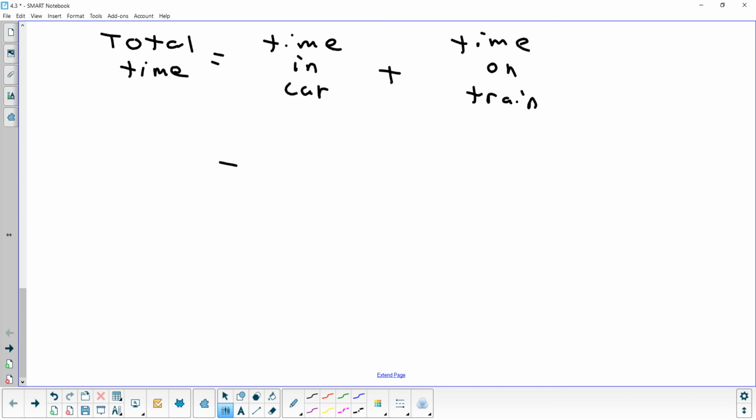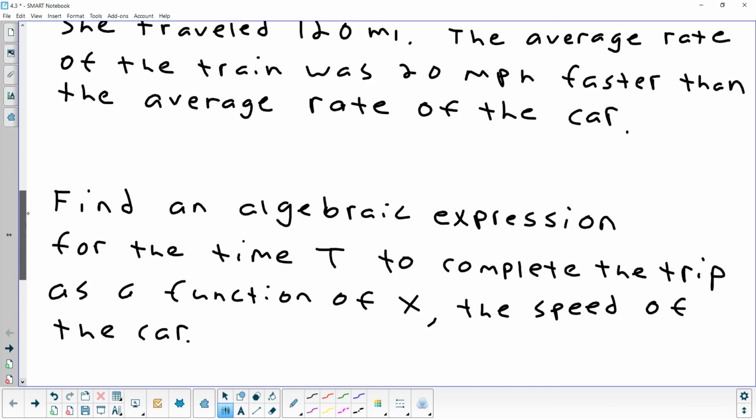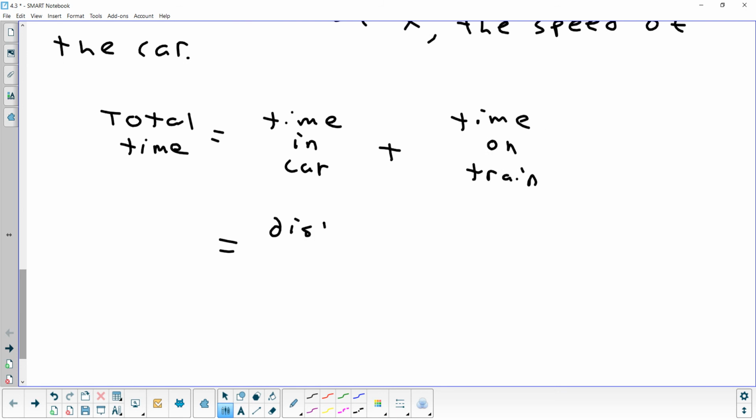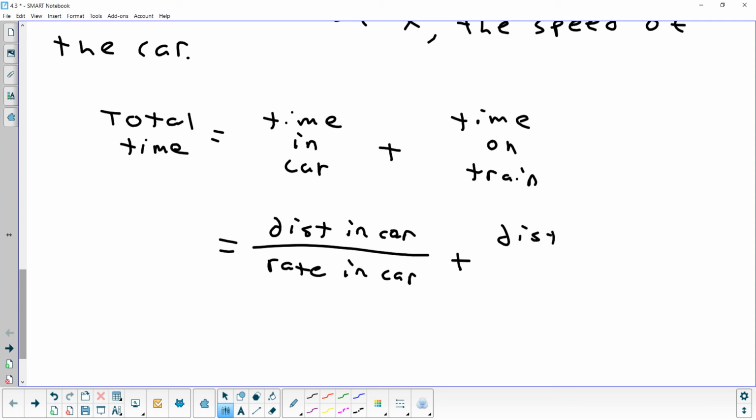So the total time is going to equal the distance in the car divided by the rate in the car. That's time, distance divided by rate. So the distance in the car divided by the rate in the car plus the distance she goes on the train divided by the rate of the train.